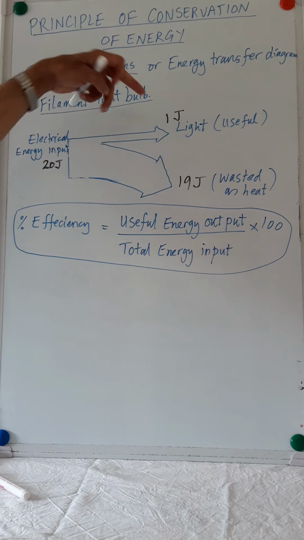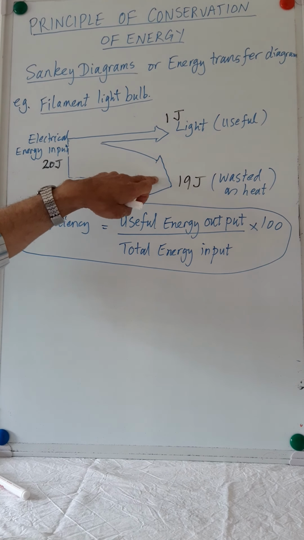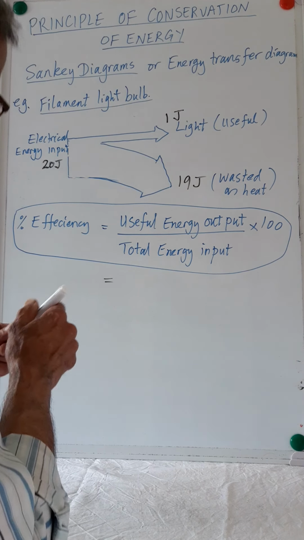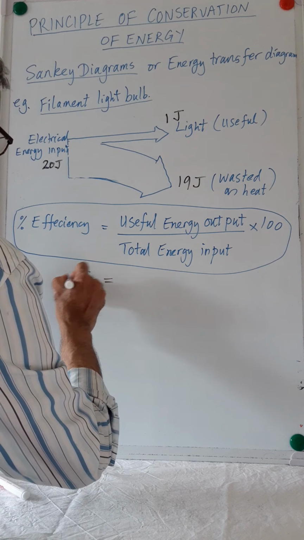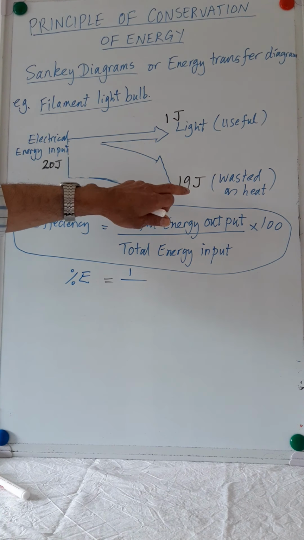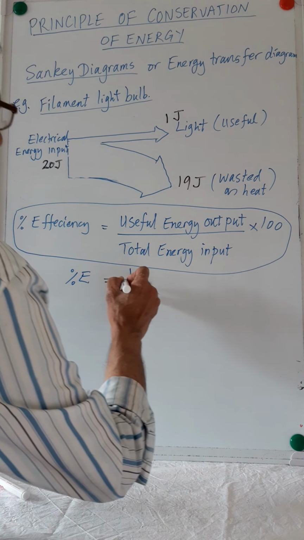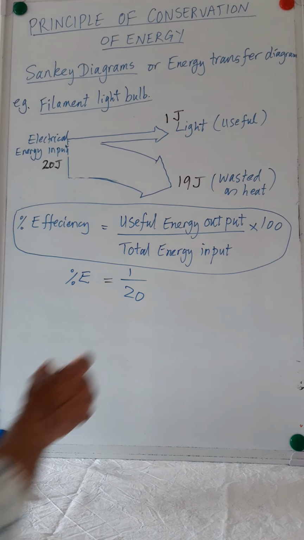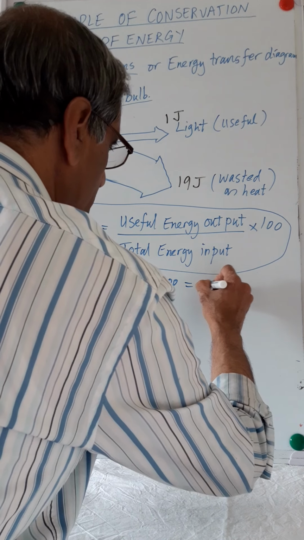The useful energy we're getting out is only 1 joule, and the rest, 19 joules, is wasted. So the percentage efficiency equals 1 divided by the total energy that we put in, which is 20 joules. So it's 1 divided by 20 times 100, which is 5%.